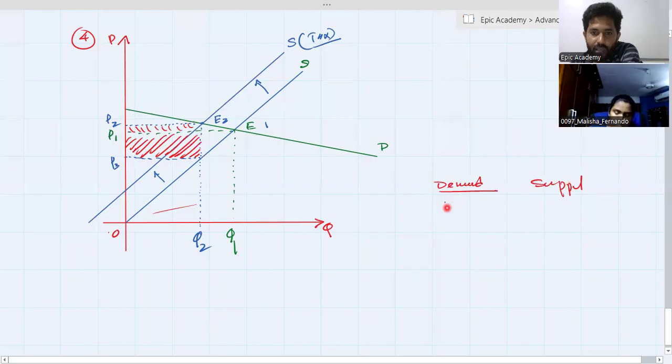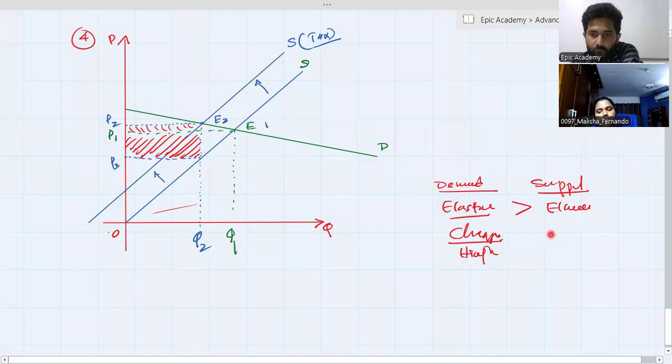Demand is relatively elastic. Elastic means it can change. Supply is normal. It is also elastic, but the elasticity of the demand takes a greater value than the supply. Demand can change, a high level of change.